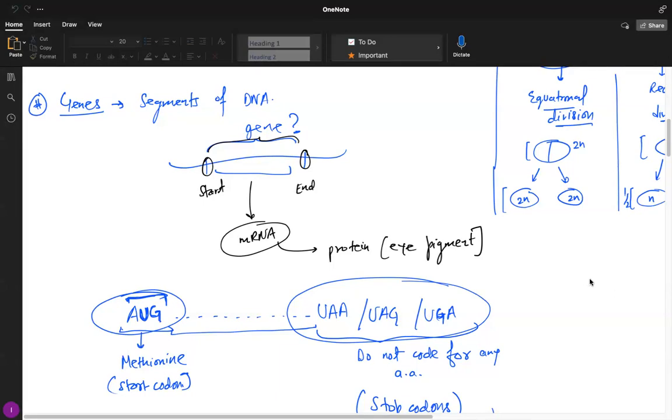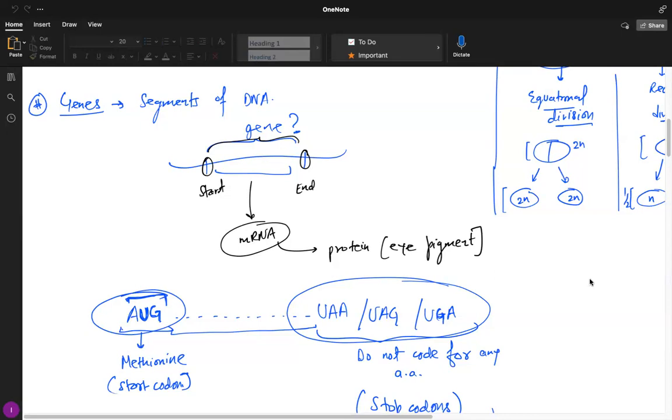To call something a gene, it's not like you randomly put your finger anywhere on a long DNA thread, from anywhere to anywhere, and that becomes a gene. No. A gene has some specific beginning and an end, mostly.